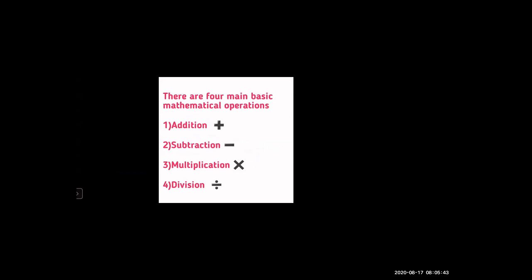The addition sign is plus, the subtraction sign is minus, the multiplication sign is into, and the division sign is divide. These are our four main basic mathematical operations. Without these, we cannot go further in maths.